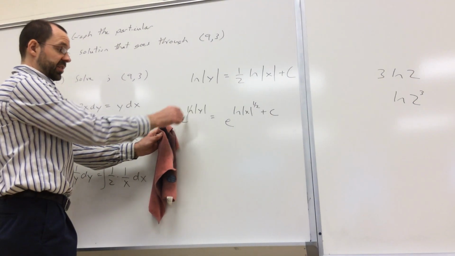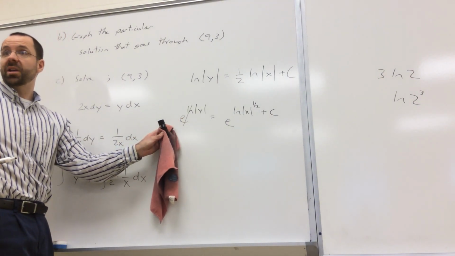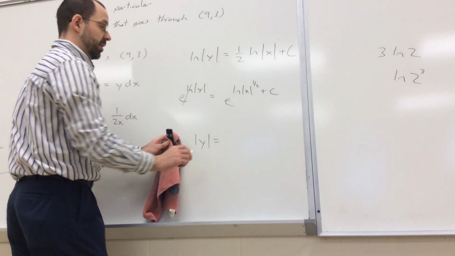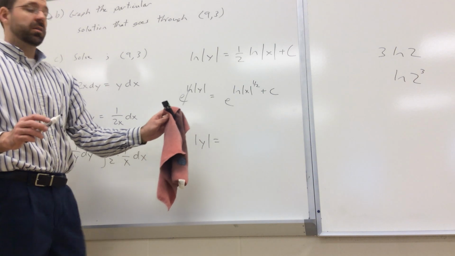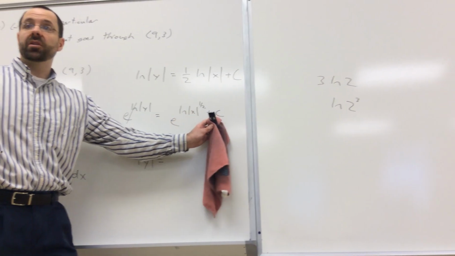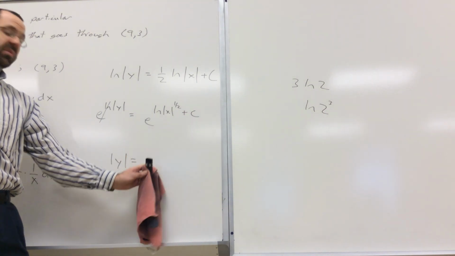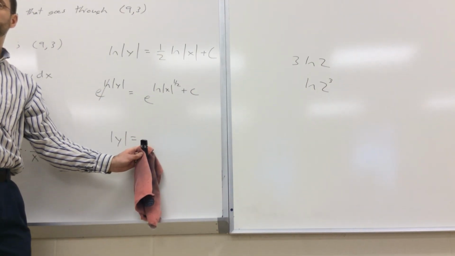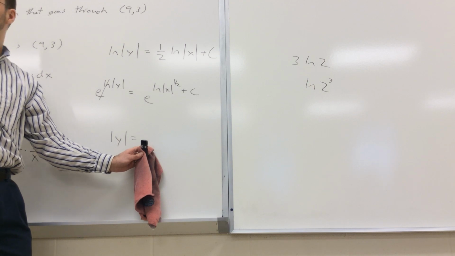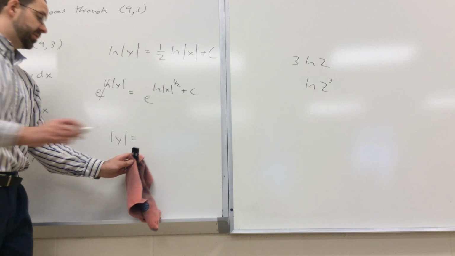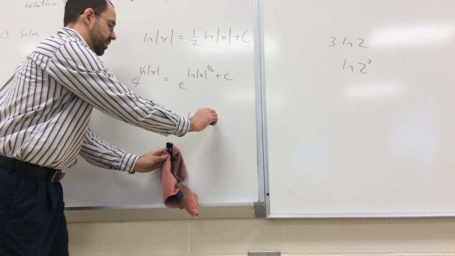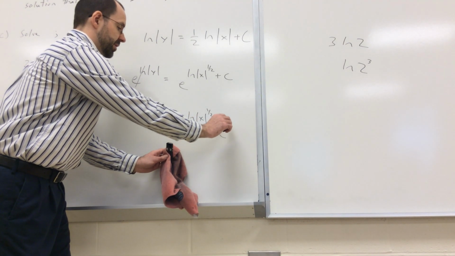All right, so then this crosses out, right? That was our whole purpose for raising from e. So we got the absolute value of y. Now, how do you separate this out? When you have e to a power plus a power, what does that become? Yeah, it turns into multiplication, right? So it's e to the power times e to the c, right?